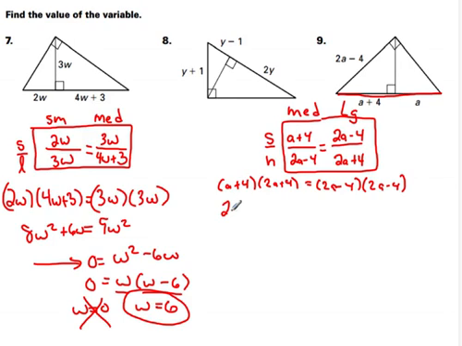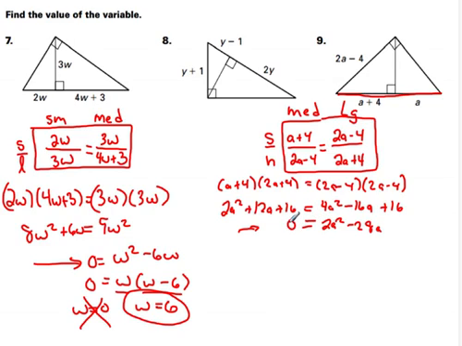I'll have 2a squared plus, let's see, that'd be 8 plus 4, so plus 12a plus 16 is equal to, when I FOIL this, 4a squared minus 16a plus 16. Because I always want to have my a squared positive, I'm going to move everything to the right side. So this will be 2a squared minus 28a equals 0, I guess.